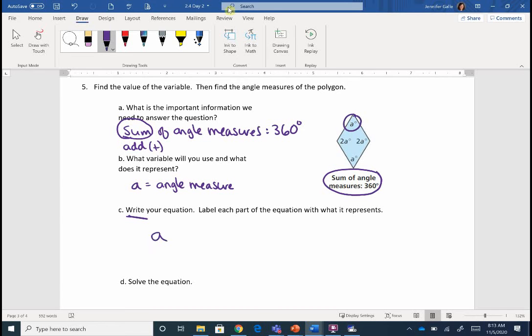So I have an A. Sum means to add, plus. I've got a 2A. Plus another A. Plus a 2A. And the question tells us right there the sum, which means when we add them together, should be 360.